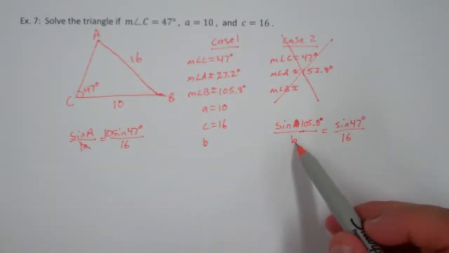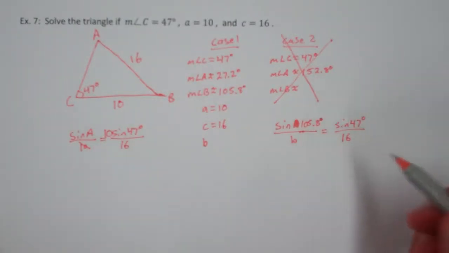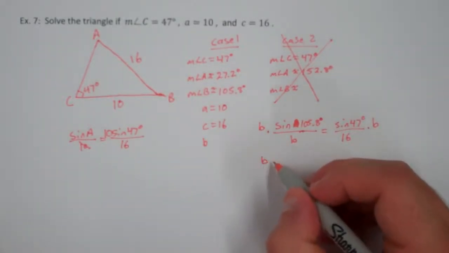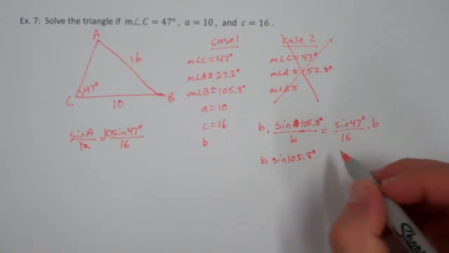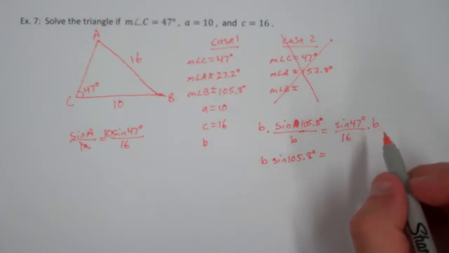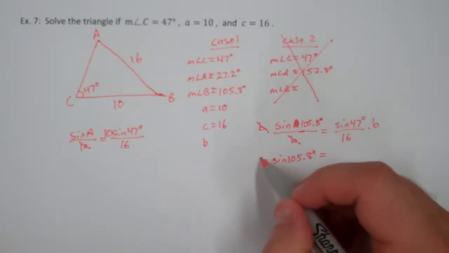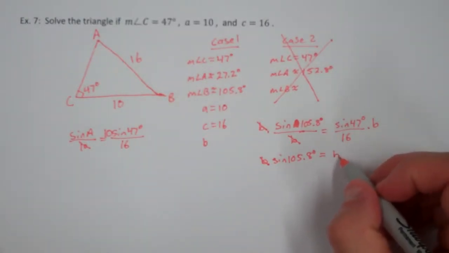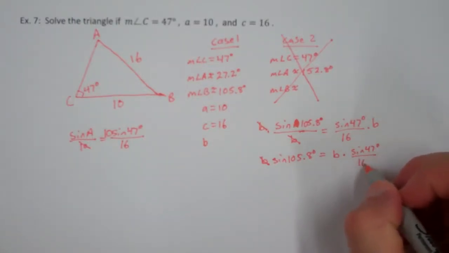It's nice to start this when you have B on the top, so you can flip these right now if you want, but I'll show you that it will work either way you do it. You can multiply by B on each side. So you've got B times the sine of 105.8, and that's equal to B times the sine of 47 degrees over 16.